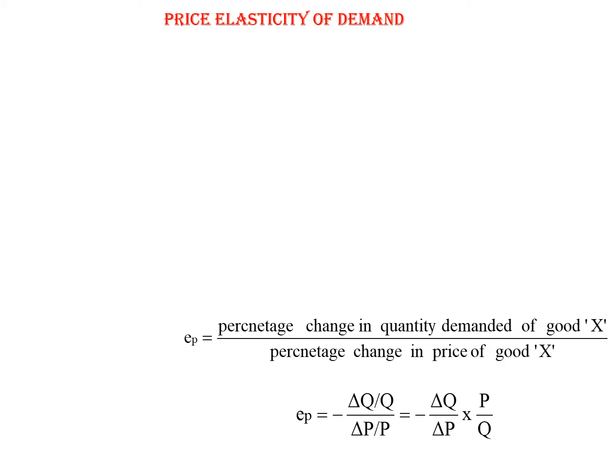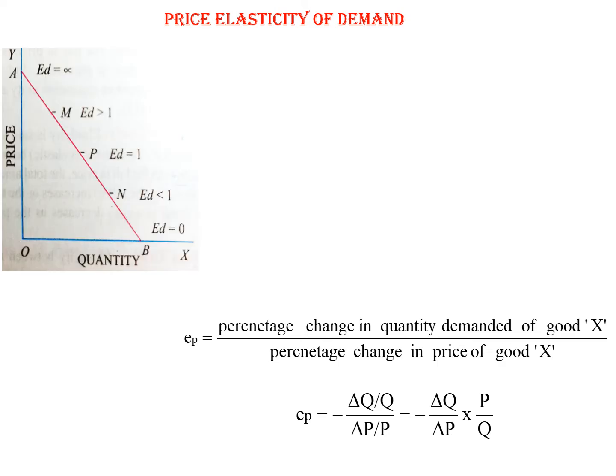rather than learning about the formula. Let's see here, it's a demand curve, and throughout the demand curve I have highlighted the different elasticities. At point B, elasticity of demand is 0, and at point A, elasticity of demand is infinity.